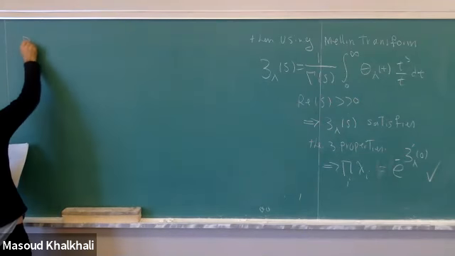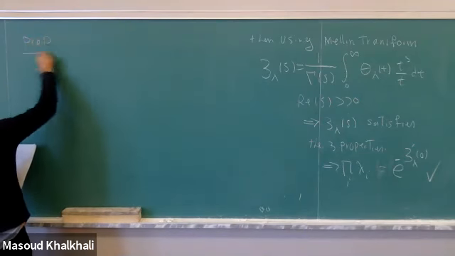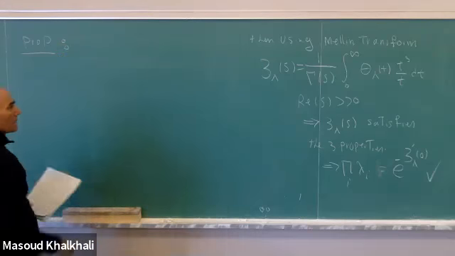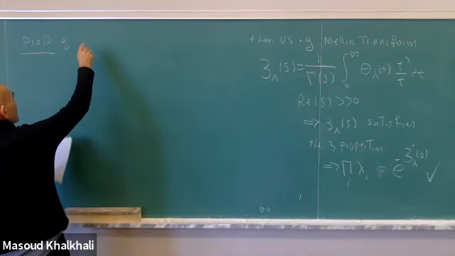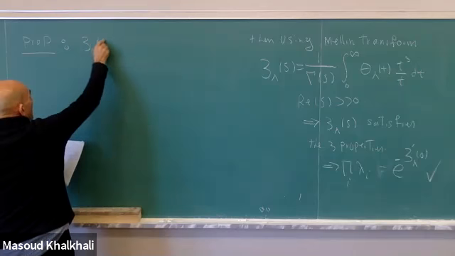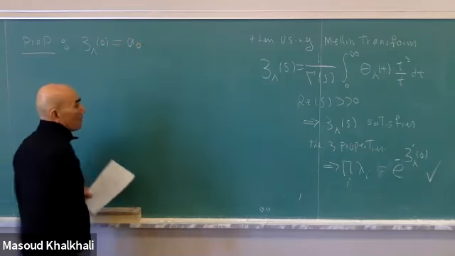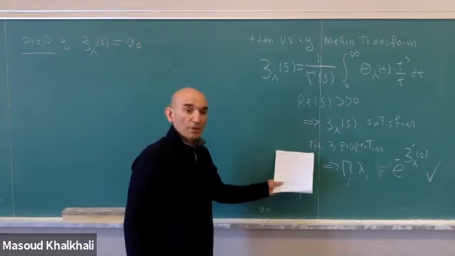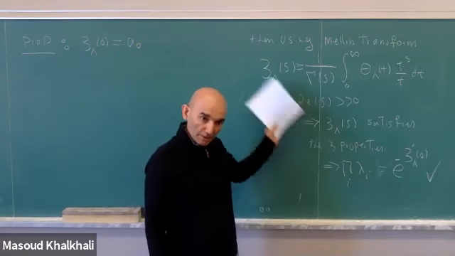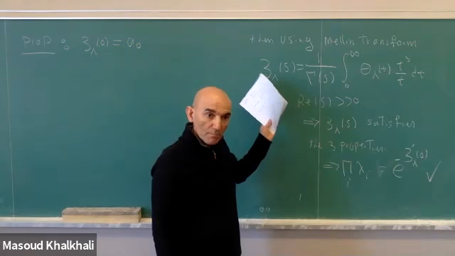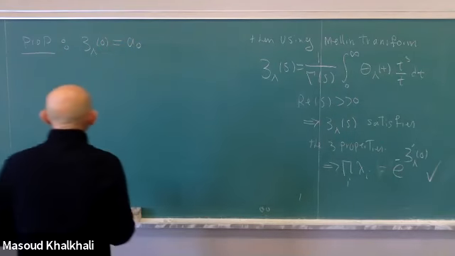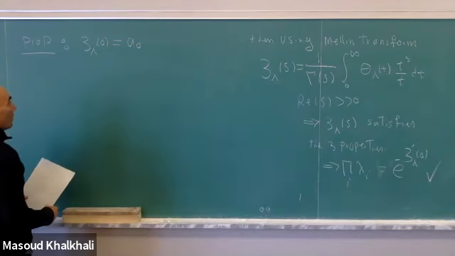So the lemma or proposition is the following: zeta lambda 0 is equal to A0. Remember, we had this asymptotic expansion for the theta series. A0 comes from that. Okay.